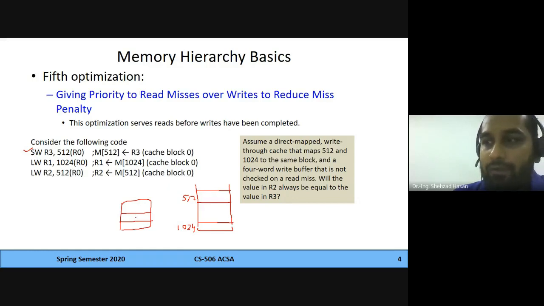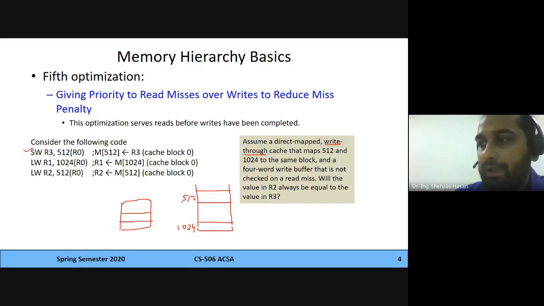If you have write through policy, then the same changes are going to happen in the main memory. So what will happen if you don't have this block already in the cache, because you have a write through policy? Normally with the write through policy, you can go with write no allocate, right? Or let's say you go with write allocate.